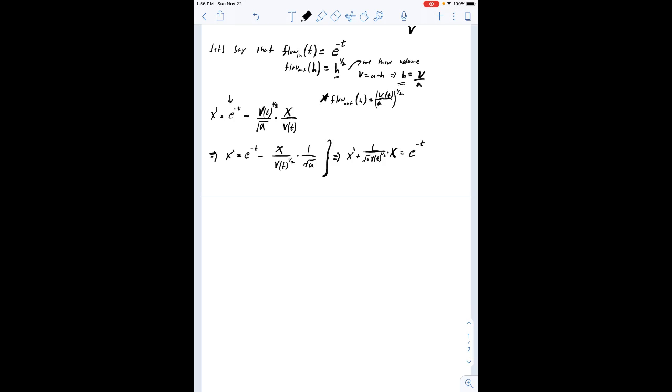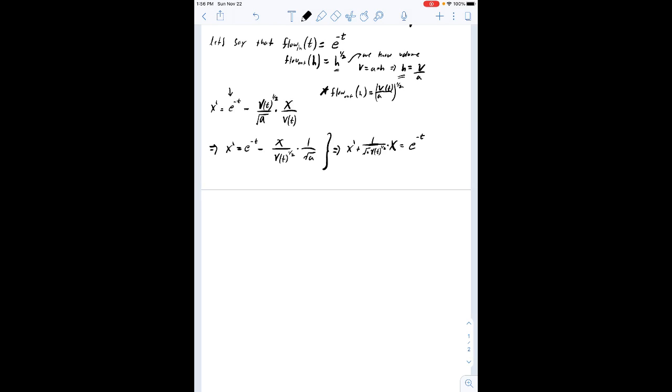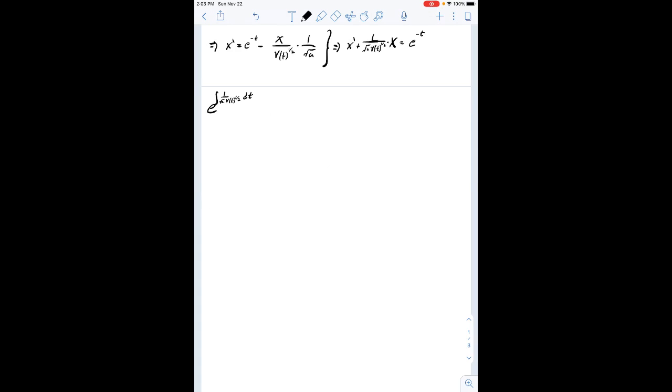Awesome. So our integrating factor is going to be e to the integral of 1 over root A V of t to the 1/2 dt.